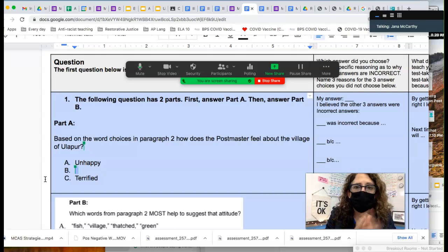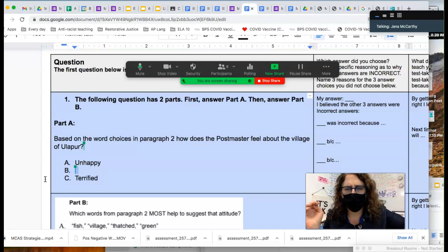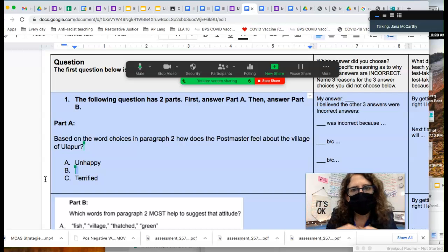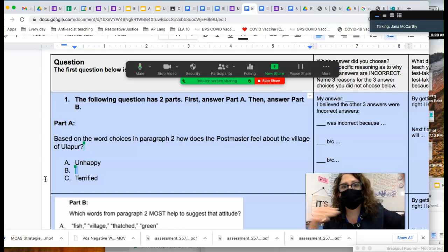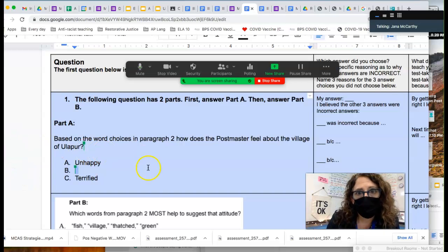If you are between 2 words or 3 words even, or 2 answers or 3 answers, and one of them feels way over the top, extra, way out there, really extreme, that one will not be the correct answer. It's going to take a lot to get to terrified. Unhappy is sitting right there. So if you're against 2 and one is way out there, that's not the right answer, okay?